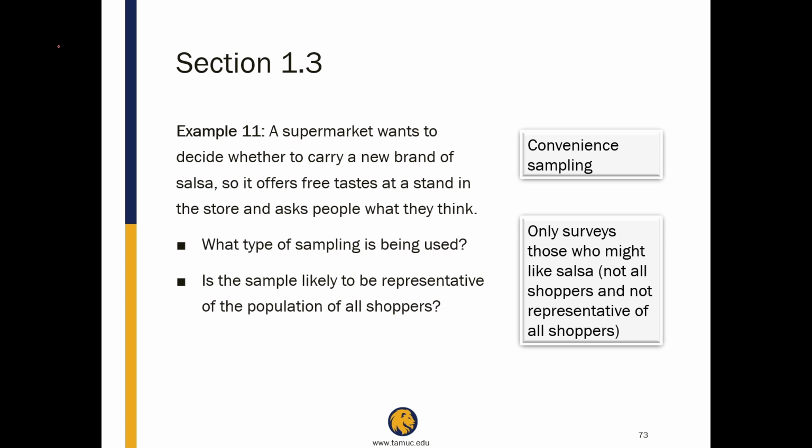So you're getting a sample that's representative of a certain group of people, but not necessarily all shoppers in general, people who like it and people who don't like it. So we really wouldn't say it's representative of all shoppers. Now, perhaps if we change the population to people who want to buy salsa, then it might be better. But if we're talking all shoppers, not so much that idea for representative sample here.